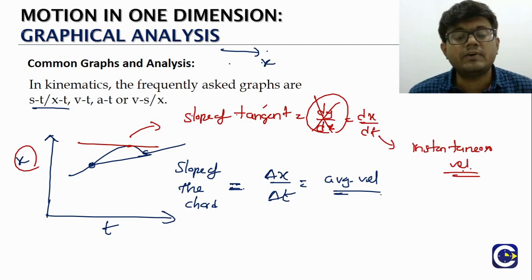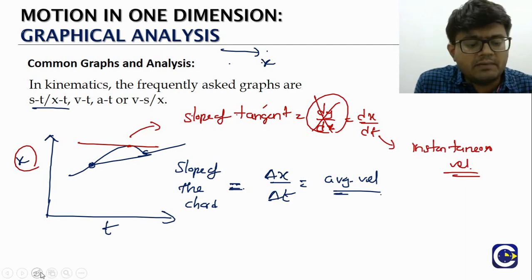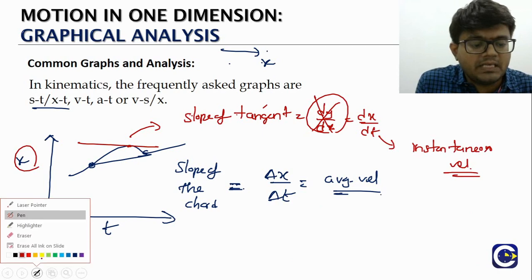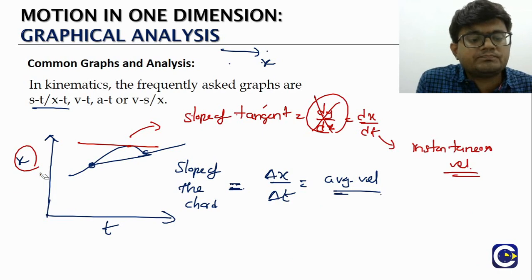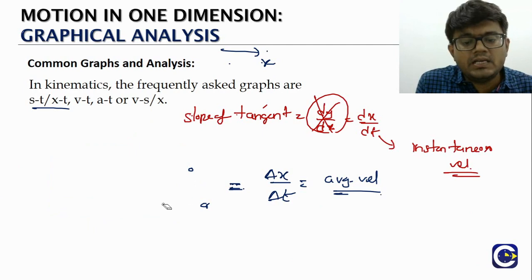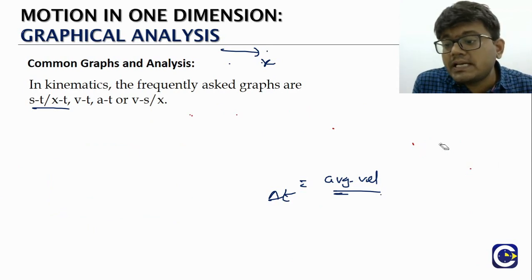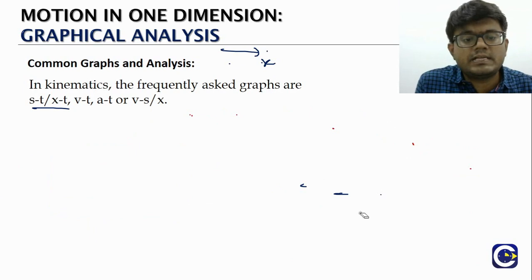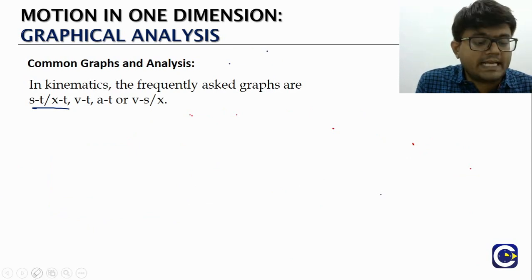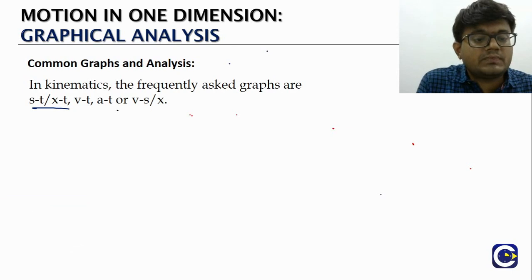So when we have the position-time graph, or even the displacement-time graph, the slope of the chord gives us the average velocity, and the slope of the tangent gives us the instantaneous velocity at a given time. So that is about the first graph. That is over. Now we will go to the second one: the velocity-time graph.